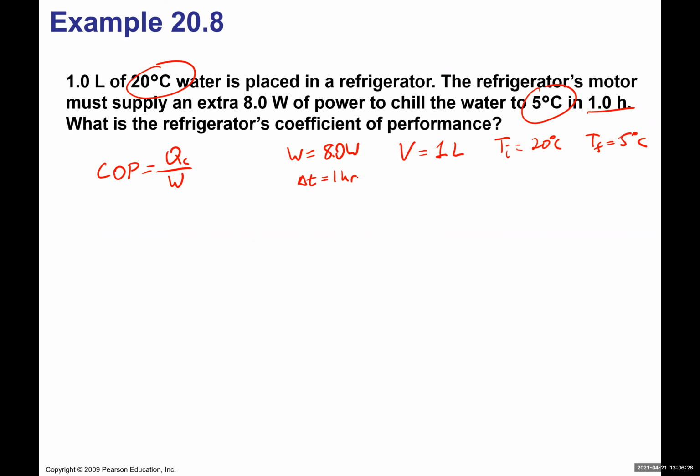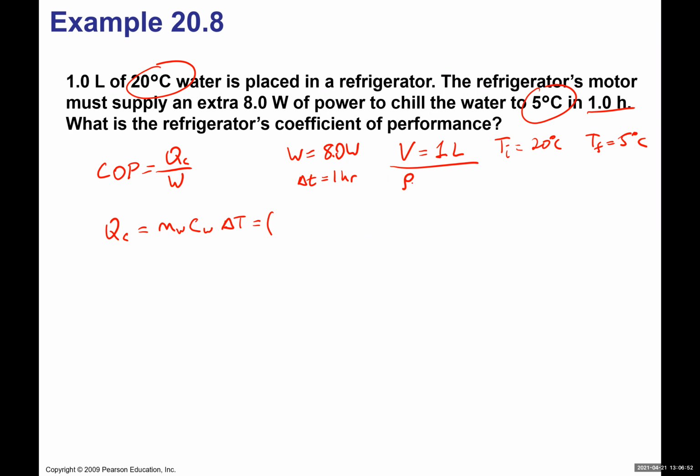All right. So one thing we do here is solve for QC. Well, QC will be this. So it equals mass of water times specific heat of water times delta T. Now, mass is not given directly, but we're given the volume.